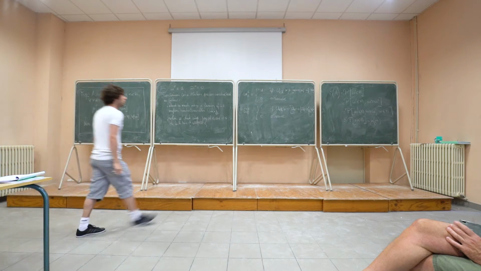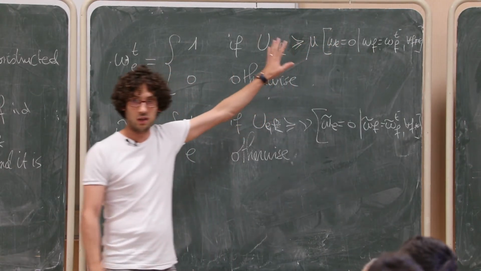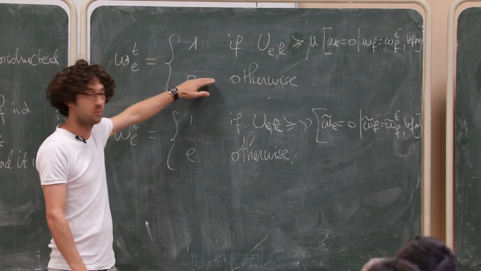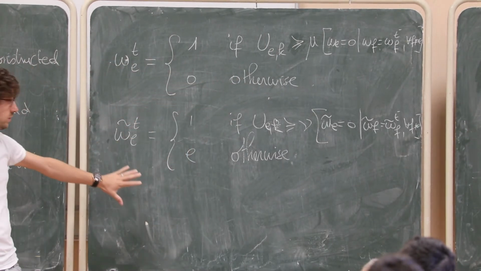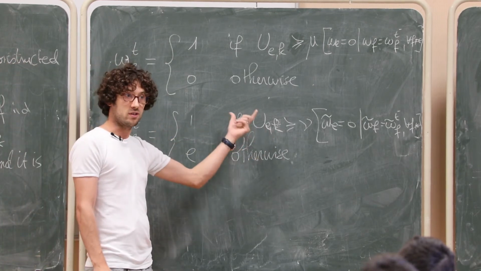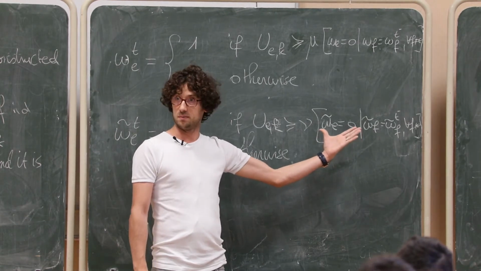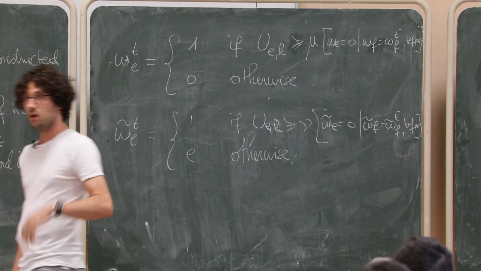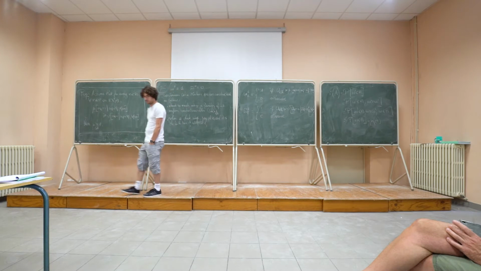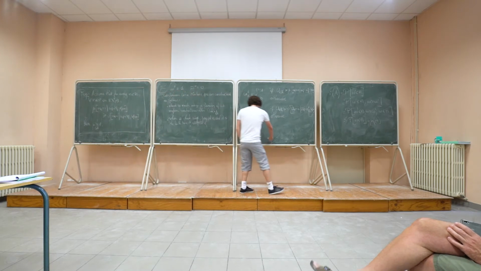So if your uniform random variable is larger or equal to a certain thing, you put 1, otherwise you put 0, and you do the same with the second configuration, except that even though it's the same uniform random variable, this threshold parameter is different. So let's now meditate a little bit on this thing.